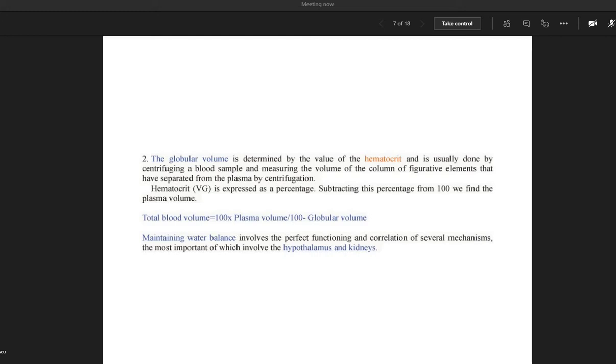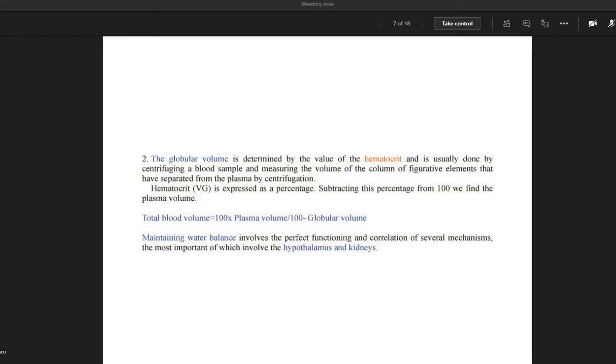I told you that it's very, very important to keep in balance the water homeostasis, to keep in balance increta, excreta. And I told you that we do this mainly due to the hypothalamus and due to the kidneys.